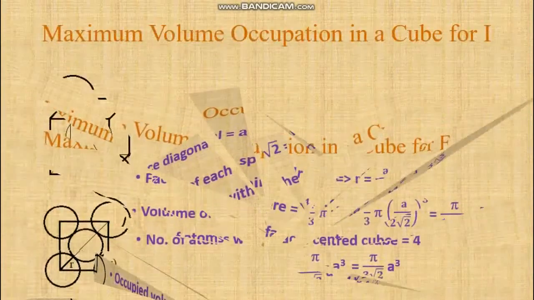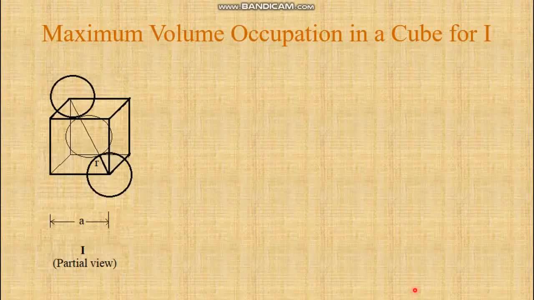Now finally, let us calculate the volume occupation in a body-centered cubic closed packed system. Here you have to draw a partial view.